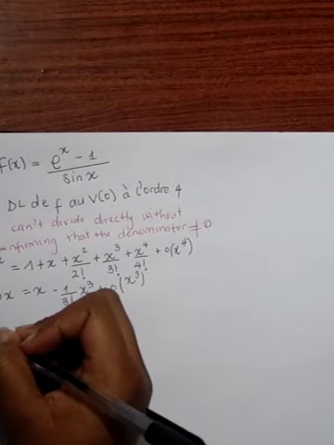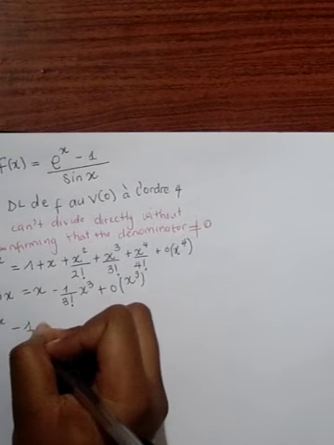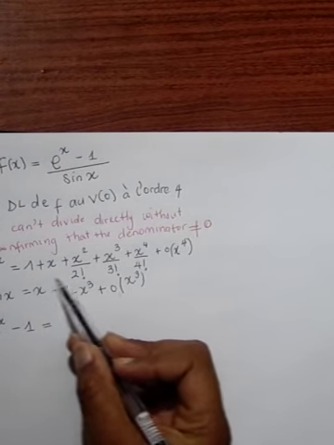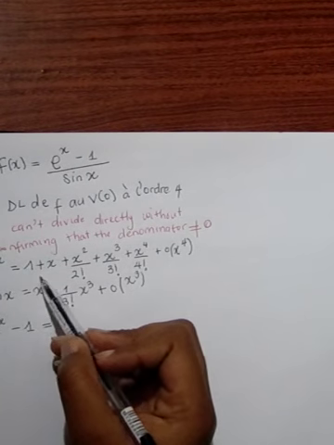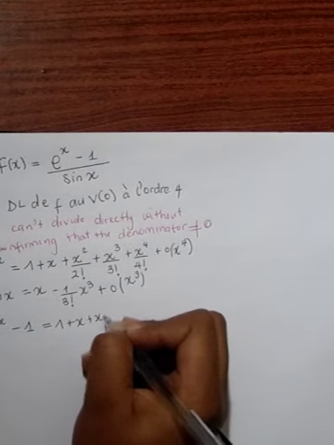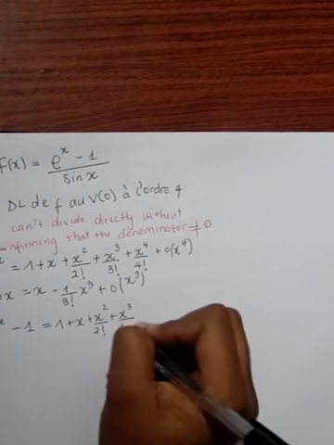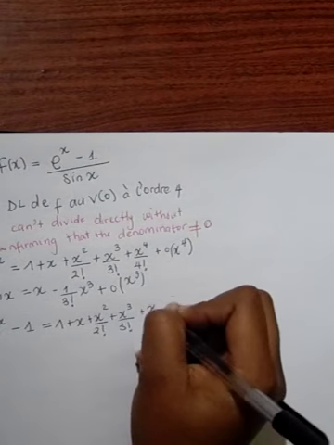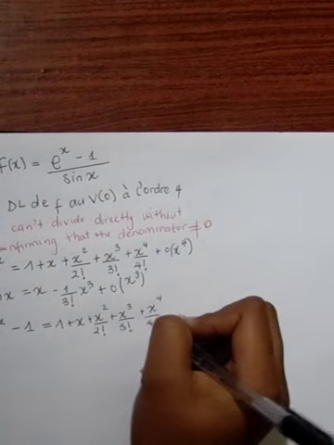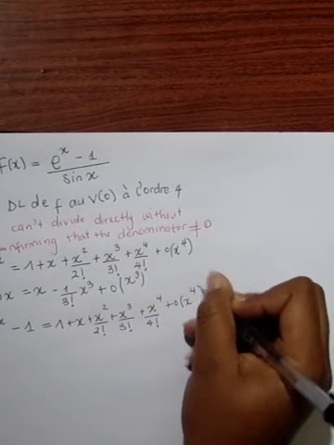Okay, so exponential x minus 1 would basically be everything right here minus 1. So we have 1 plus x plus x squared over 2 factorial plus x raised to the power of 3 over 3 factorial plus x raised to the power of 4 over 4 factorial plus petit e de x raised to the power of 4, minus 1.